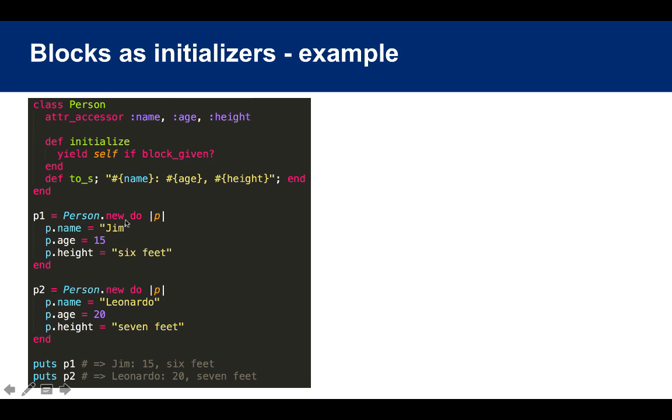It's Person.new, and then you have a block that you're yielding to with this yield self. Then inside the block you could initialize the name, initialize the age, initialize the height, and so on, which lets you initialize the instance of a person. So 2 different values, and then you could print out the initialized instance of a person as you do in this case.